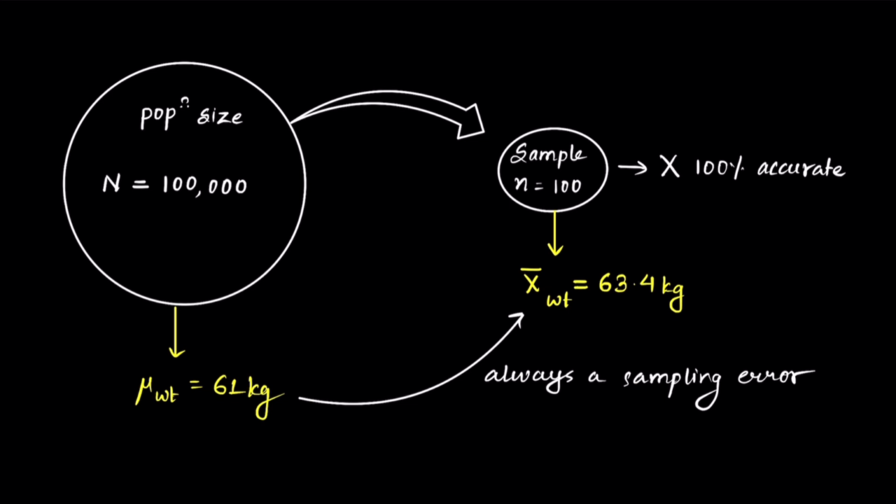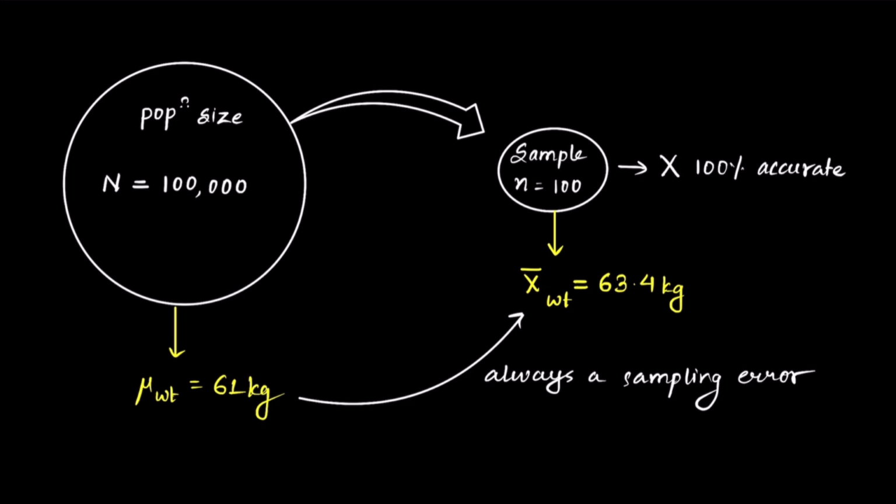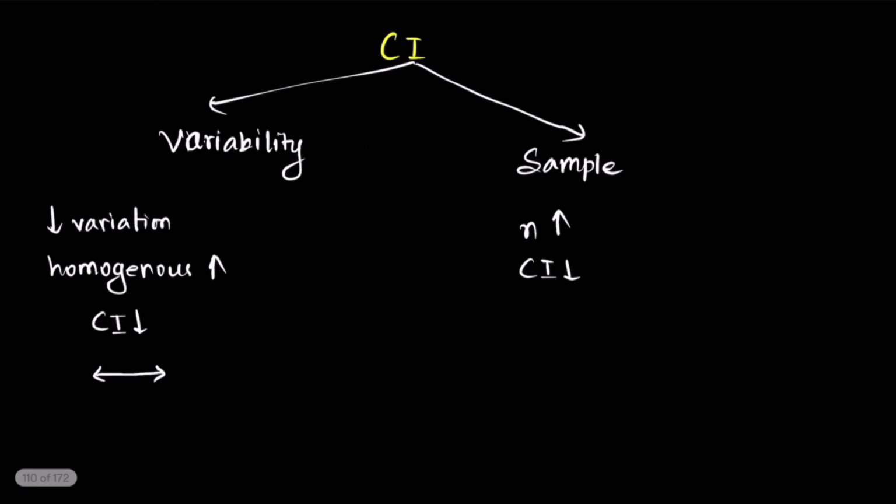Okay, similarly, the greater the sample size, the more population representation is within the sample. The more representation of the population within the sample, the less the sampling error. Okay, so that's how the confidence interval is affected, one by variability and the other by sample size.